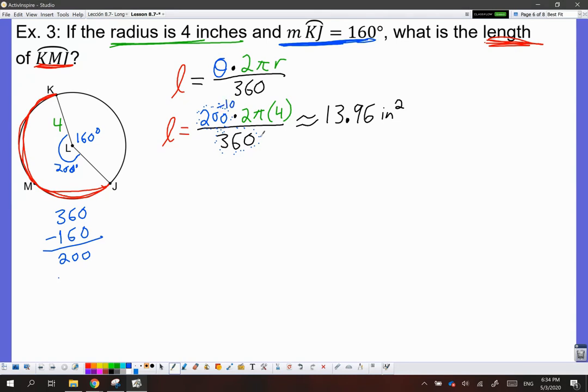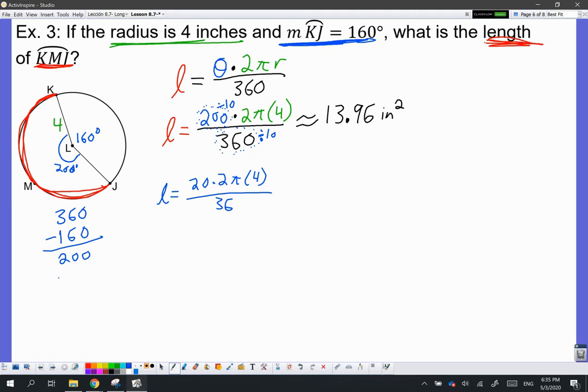So that lets me divide the top and the bottom by 10. And so that'll give me, I'm going to rewrite this, 20 in this case. 200 divided by 10 is 20 times 2 pi times 4. Then on the bottom, 360 divided by 10 is 36.